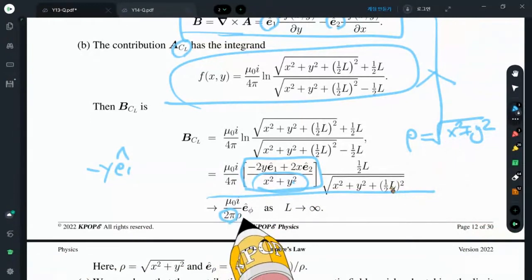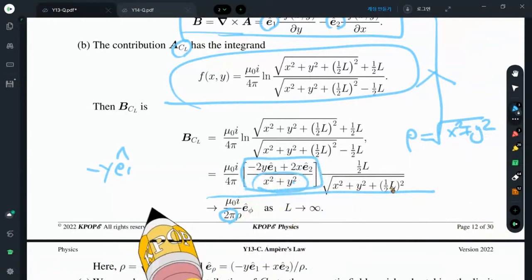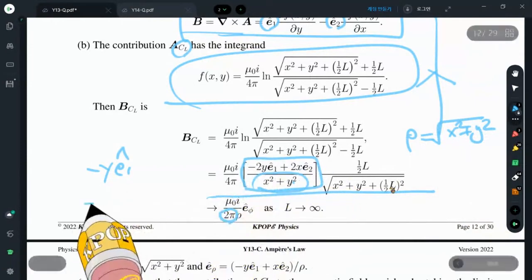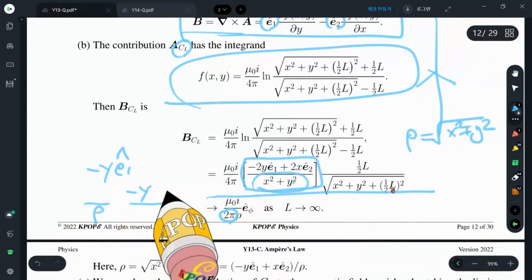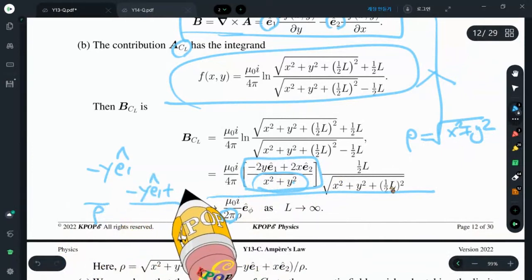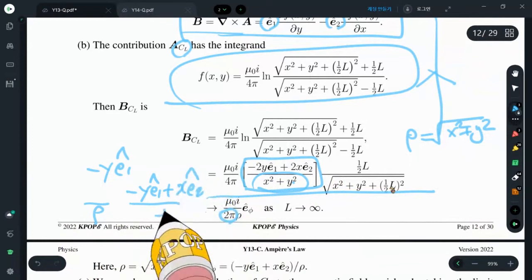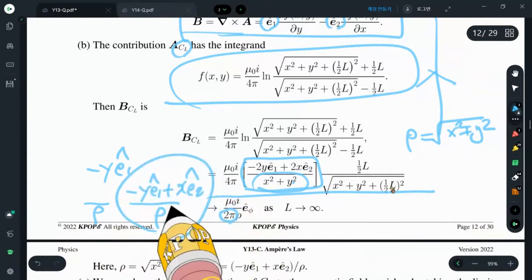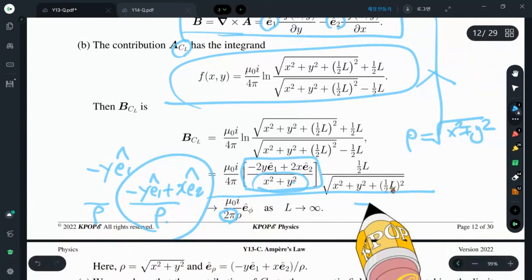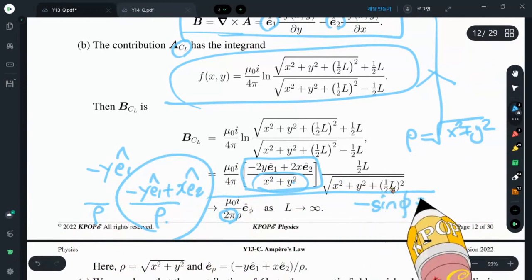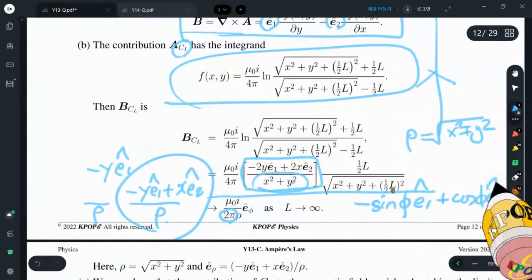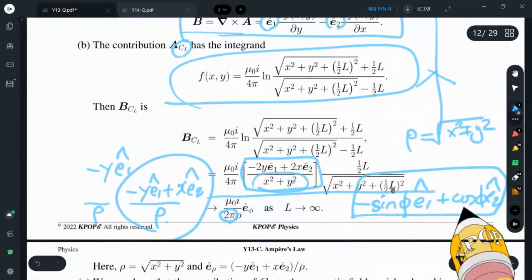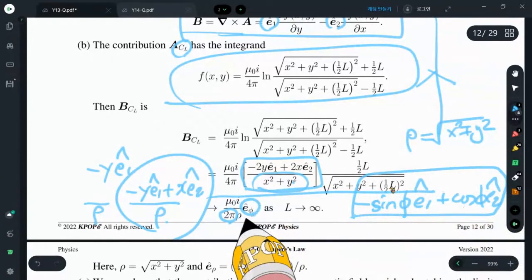So rho has been pulled out, and the numerator and denominator separated into minus y(E1) plus x(E2) over rho. Okay, this one is actually minus sine phi E1 hat plus cosine phi E2 hat. You are familiar with this. This is E phi.